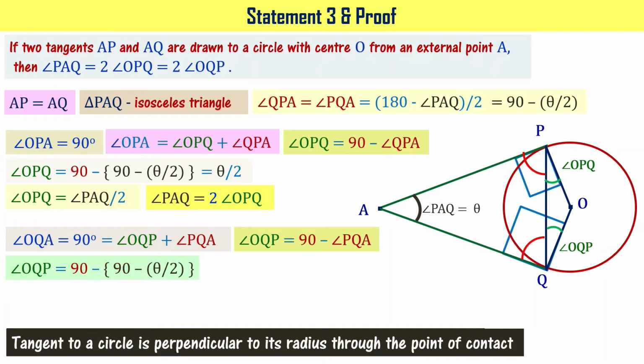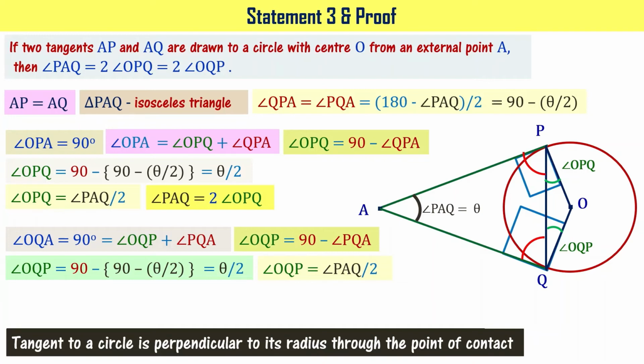And we know that angle PQA is 90 degrees minus theta by 2, right? When you simplify it, you get angle OQP as theta by 2, right? And we know theta is angle PAQ such that we can write angle OQP equals angle PAQ by 2.